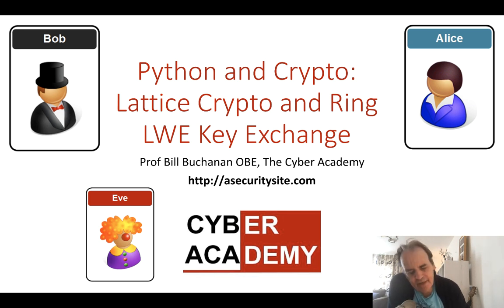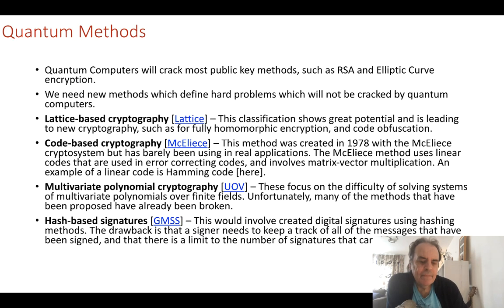Right, so let's look a little bit at lattice cryptography, and we'll focus in on ring learning with errors key exchange. The problem that we have is that many of the existing methods, including RSA, elliptic curve, Diffie-Hellman, and ElGamal, will be broken, or the security will be severely reduced with the advent of quantum computers.